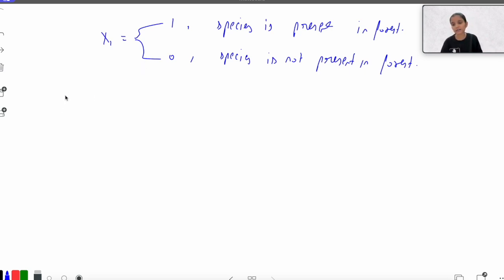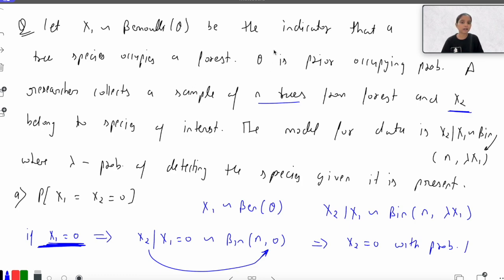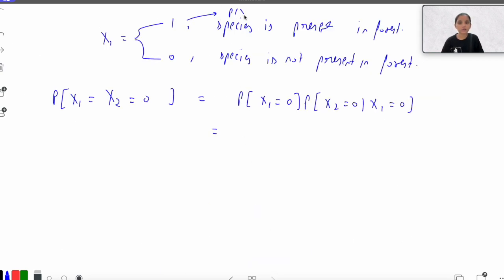So that's why we are saying that probability x1 is equal to 0, x2 is equal to 0 basically means probability x2 is equal to 0 given x1 equal to 0, times probability of x1 is equal to 0. We are saying here that the probability that a forest is having a species is theta. That means probability x1 is equal to 1 is theta.